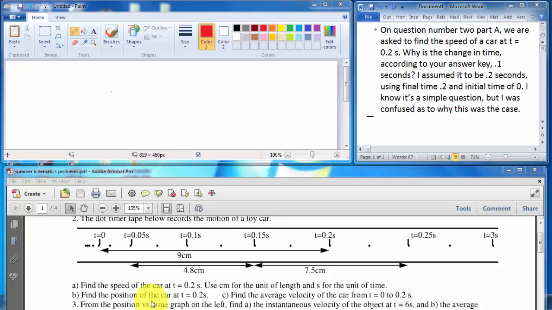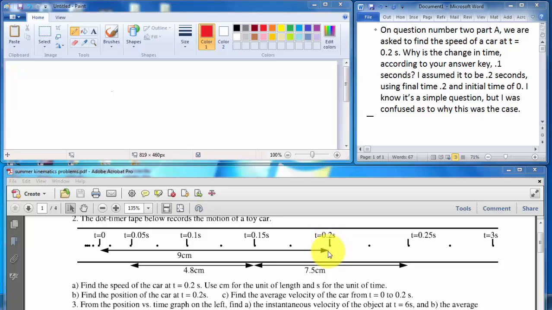So if you've been watching through the videos and progressed to this point where you know what instantaneous speed or velocity is, then you know that it's the singular speed that an object had at one particular location and at one particular moment in time. So this question is asking how fast is this car going when it's right here?